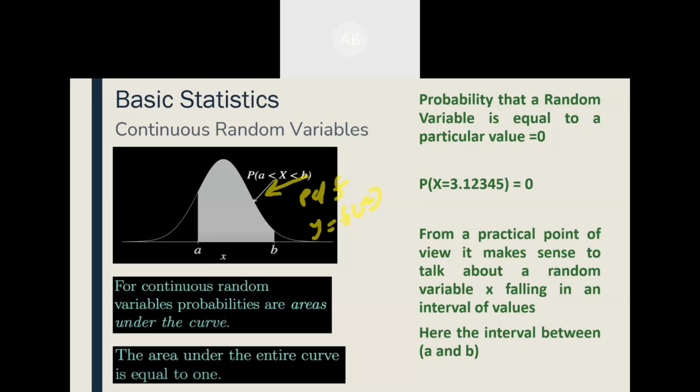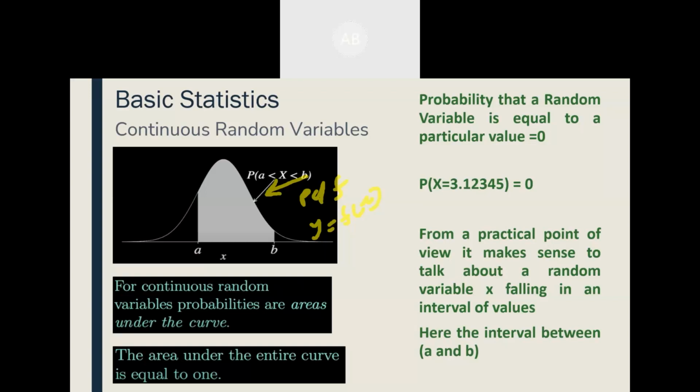If you take this function of this bell-shaped curve, as you see here, and you ask me what is the probability of x being equal to 3.12345, an exact value, that is actually equal to 0.